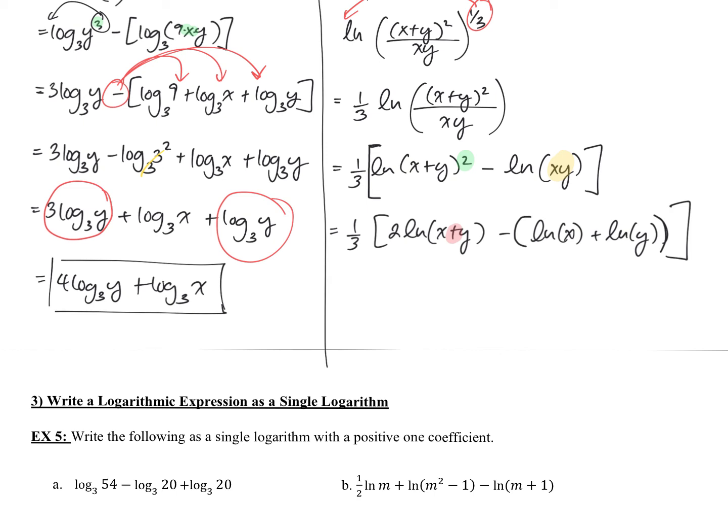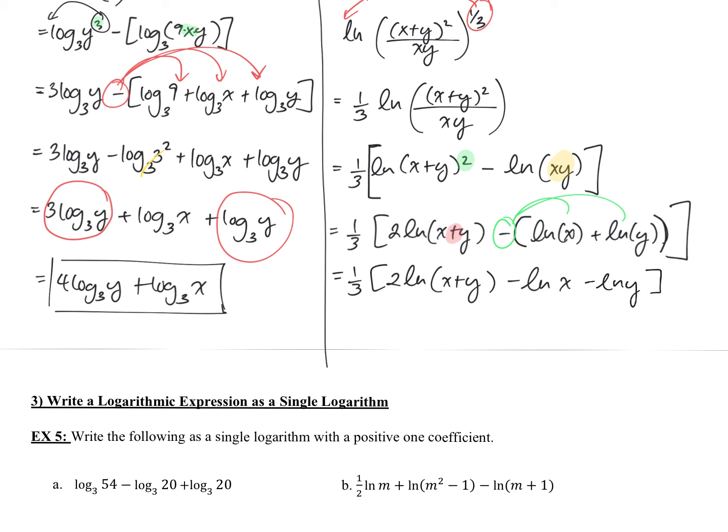So what I'm going to do is I'll go ahead and distribute that negative into both of those. Now we get 1/3 natural log of x plus y minus the natural log of x minus the natural log of y. And then after we do the minus natural log of y, we're going to go ahead and multiply in that 1/3.